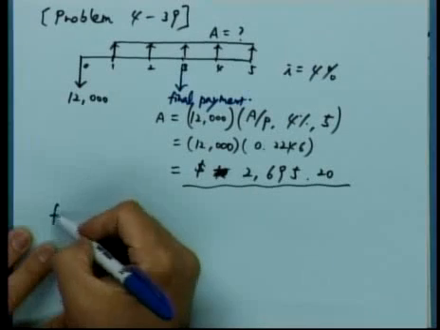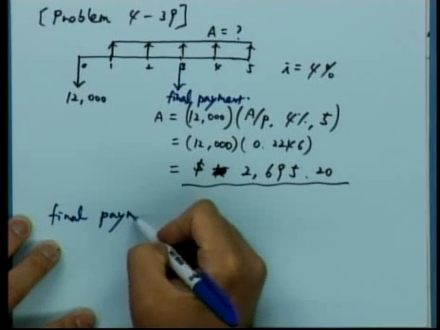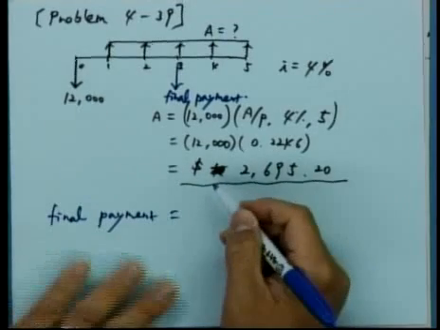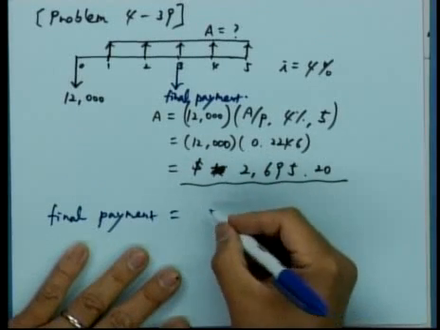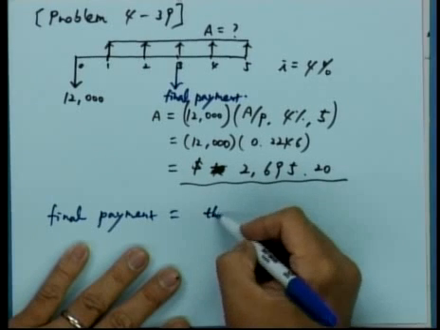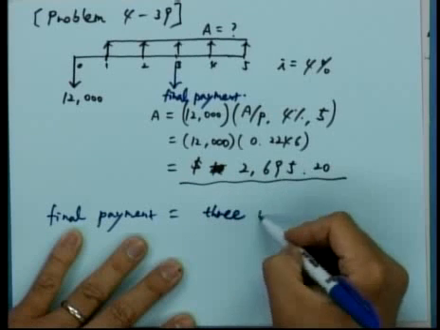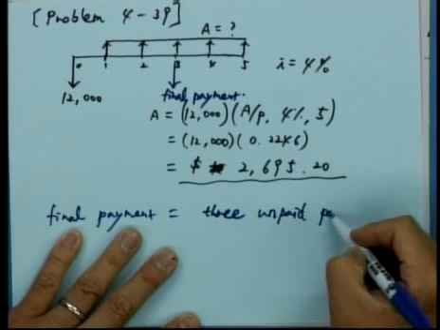So I said the final payment is the present worth of the 3 unpaid payments, right?